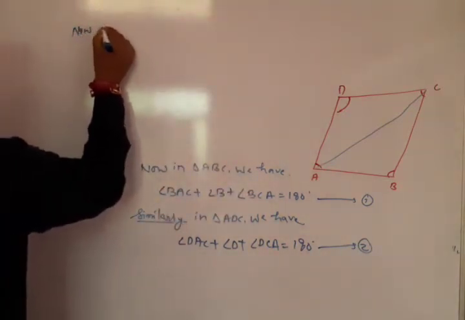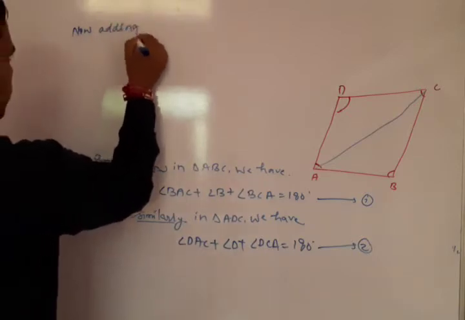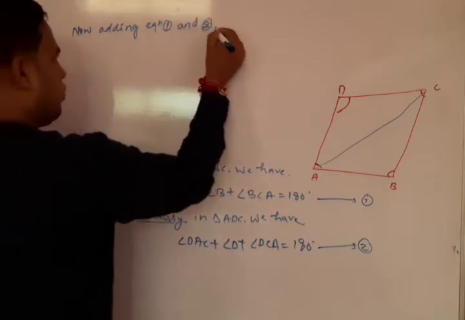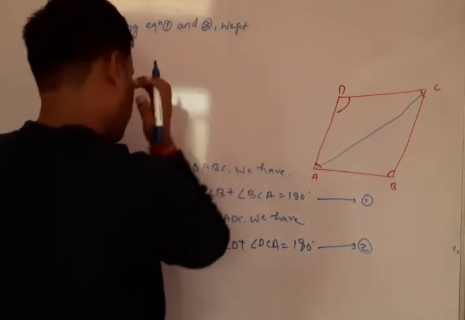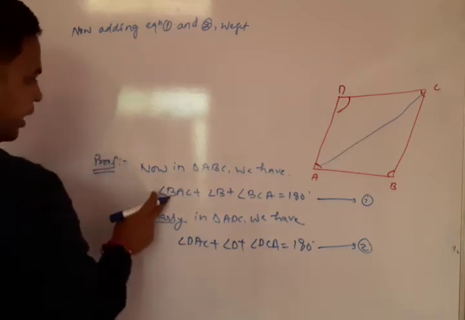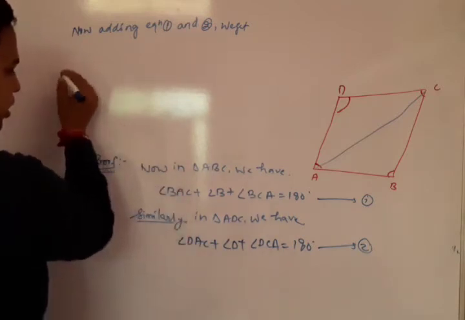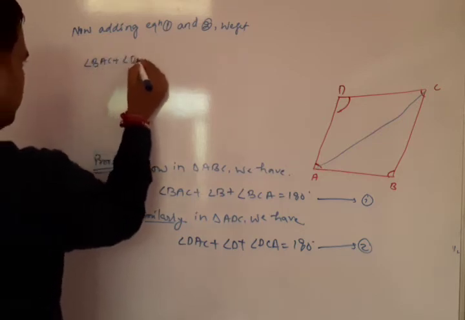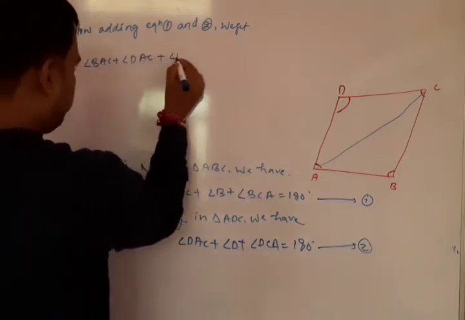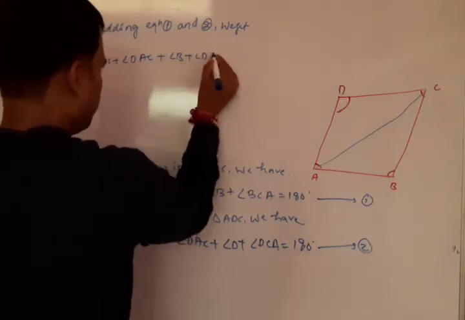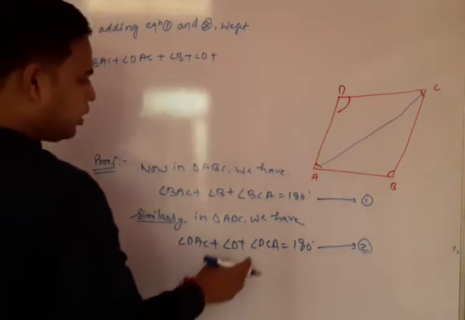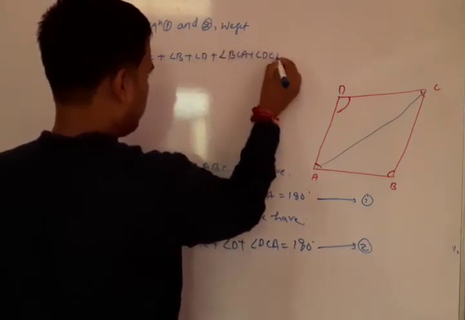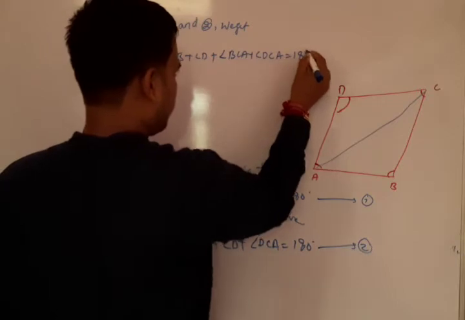Now adding equations 1 and 2 we get: angle BAC plus angle DAC plus angle B plus angle D plus angle BCA plus angle DCA equals 180 plus 180.